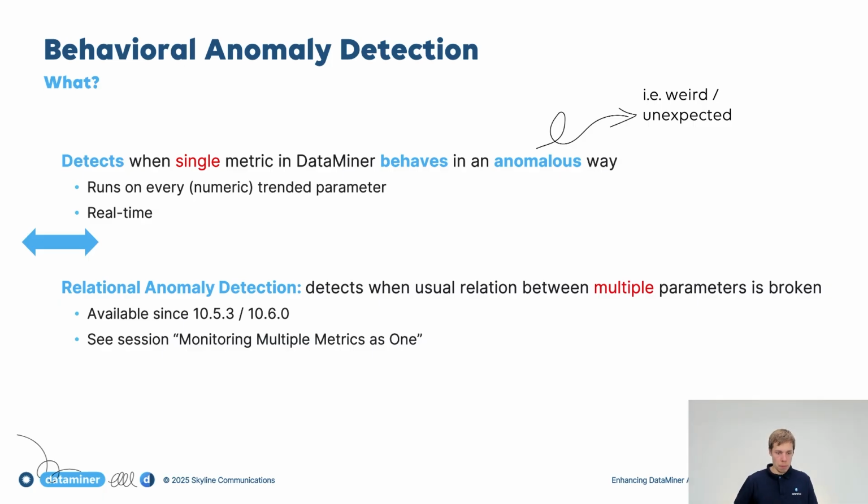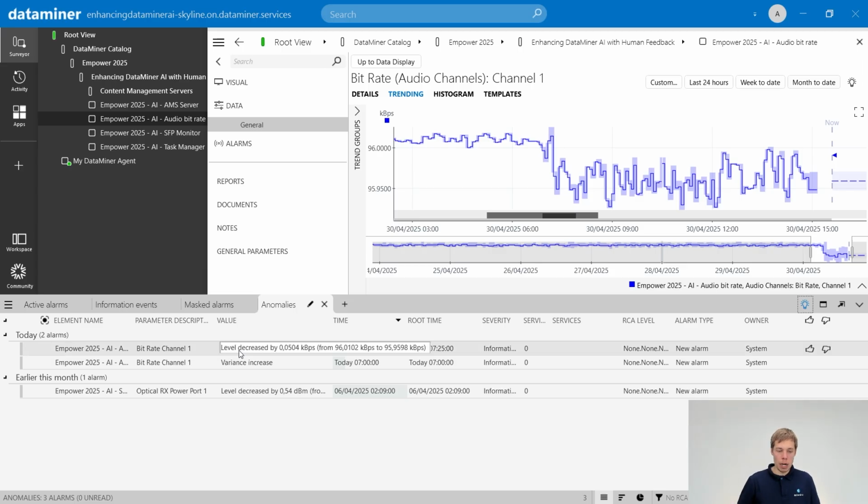Now, let me go back to my example. If you look at the level decrease that was detected on this audio bitrate parameter, and you look at the numbers, you can see that there was indeed a jump down, but it was a very, very small jump down. In my case, it jumped from 96.01 kilobits per second to around 95.96 kilobits per second.